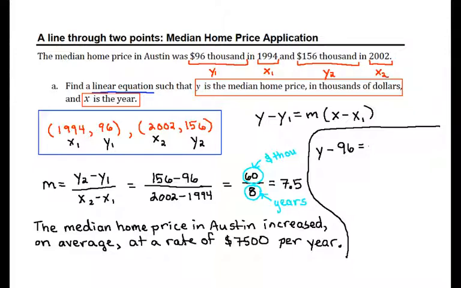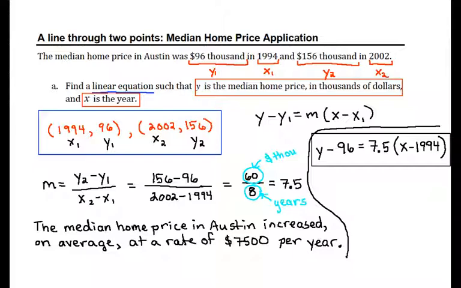My m is 7.5. And my x1 is 1994. This is an equation of a line. This is a linear equation. At this point, this could be considered done because the instructions did not require a slope-intercept equation.